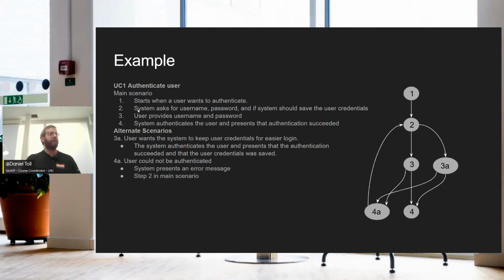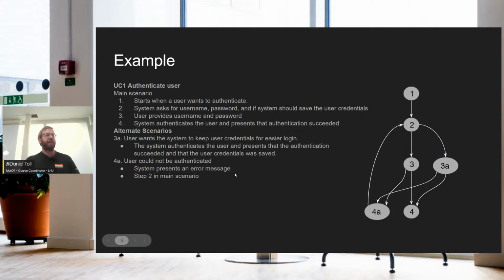So it goes from point 2, where the system asks for username and password, and if the system should save the user credentials. So we get to 3A. System authenticates the user and presents that authentication succeeded and that the user credentials were saved. So that can happen in 3A. But in 4A, we have user could not be authenticated.